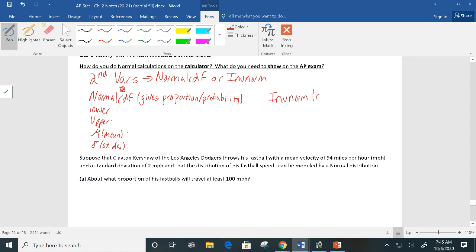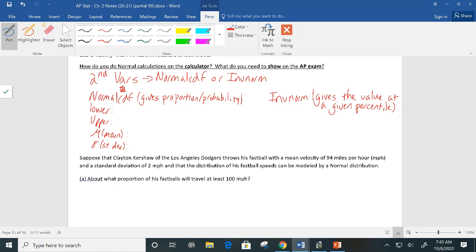And inverse norm gives the value at a given percentile. So this is when they say, okay, what value is at the 30th percentile or the 75th percentile? In those cases, then you use inverse norm.